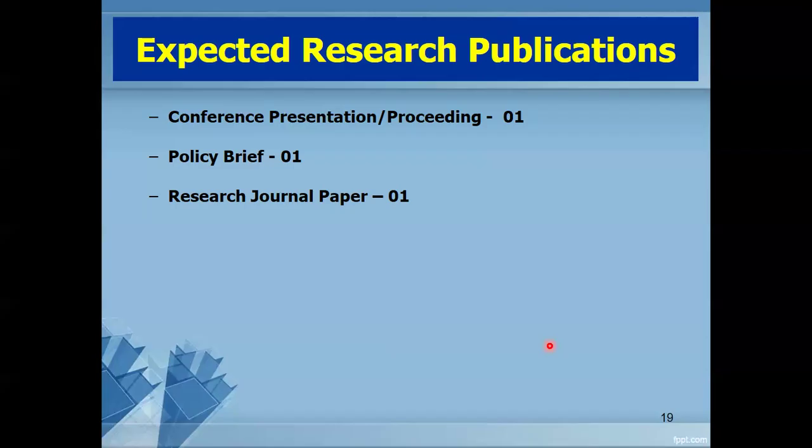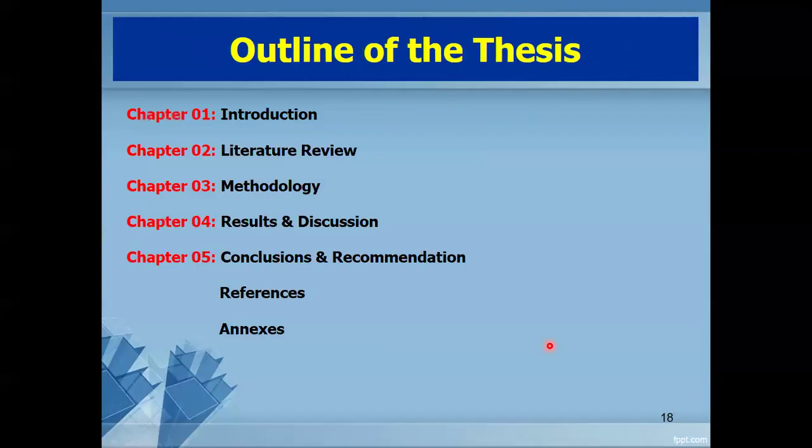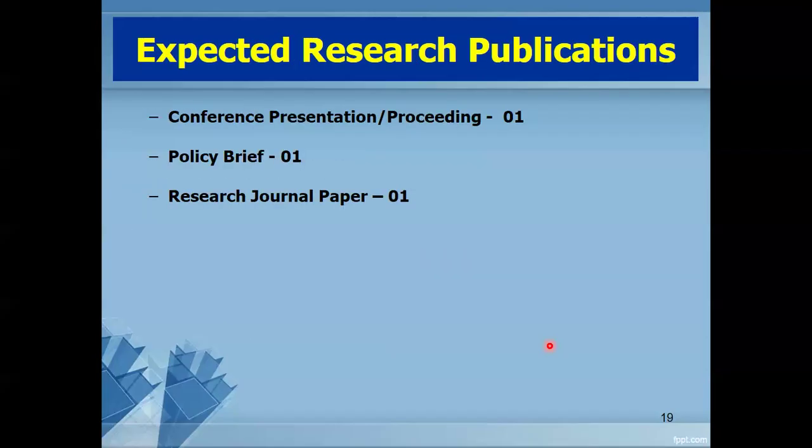So especially this outline of the thesis and the expected research publications, include these two slides in the research presentation. Then the panel will clearly recognize this student has a very clear understanding of the research process. So therefore, this is important to include, right?